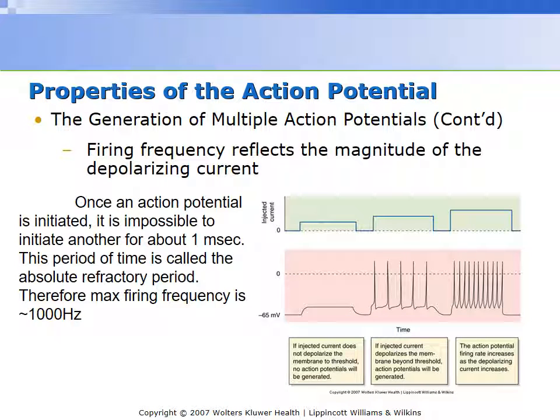As I stated already, the maximum firing rate that we have been able to observe is 1000 Hertz. Why? Well, it's because it is, for practical purposes, impossible to initiate another physiological action potential for about 1 millisecond after the previous action potential is finished.